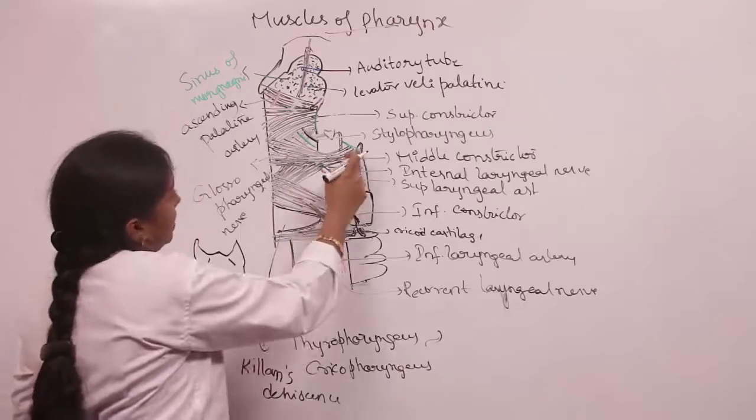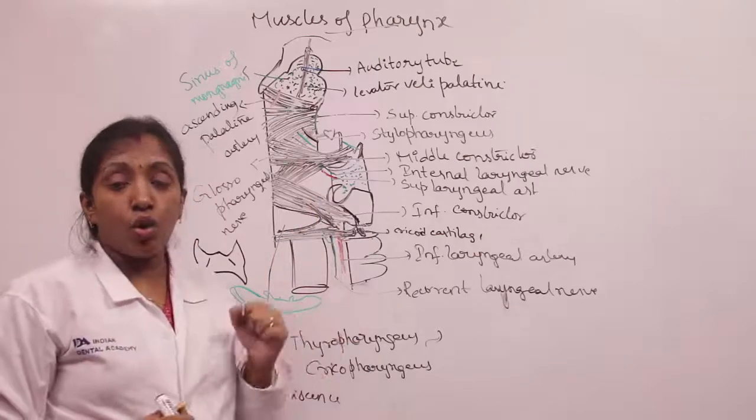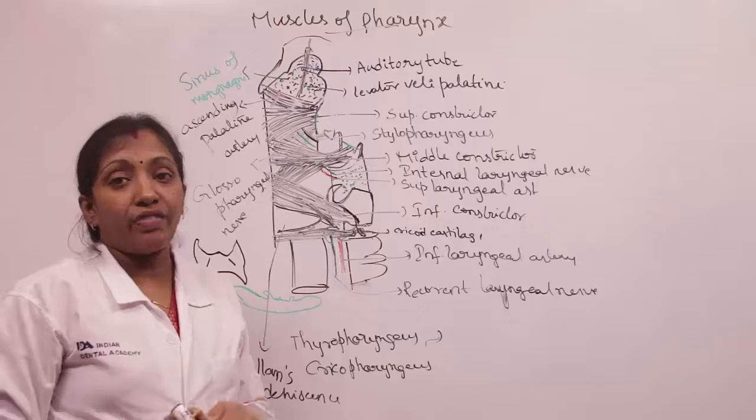Here the middle constrictor muscle arises from the greater cornu as well as the lesser cornu, from the body of the hyoid bone as well as from the lower part of the stylohyoid ligament.